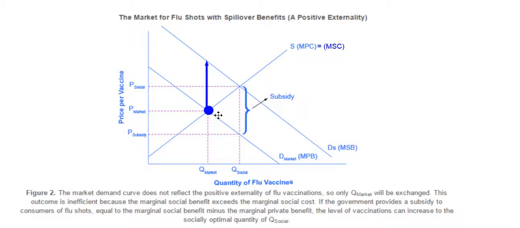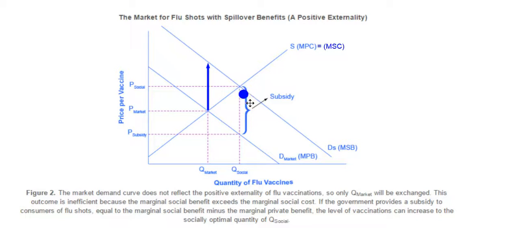So we want to compensate for that, and the way that is typically done is the government pays a subsidy to the consumers of the flu shot equal to this difference right here, and that's going to have the effect of producing more flu shots at a higher price, but that is going to be made up for by the subsidy.